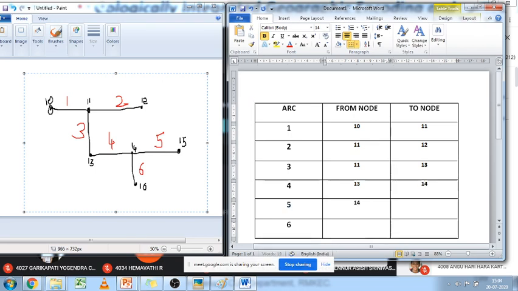Again for 5 it will be 14 and 15, and for the last one you guys are correct, it will be 14 and 16. Is this clear? This is how we represent an arc node topology with a list.